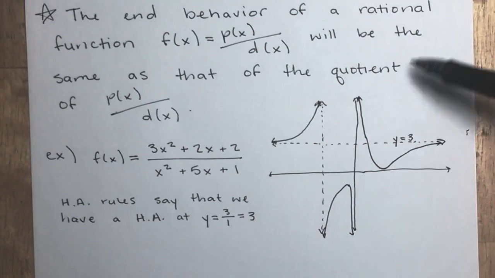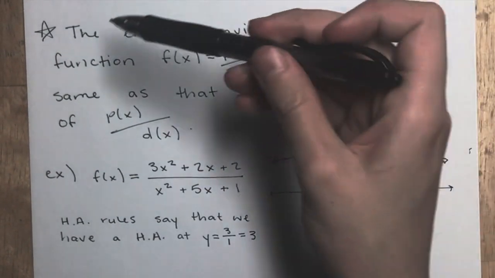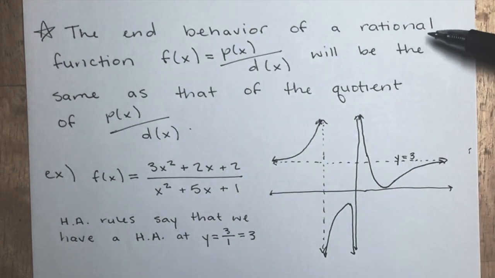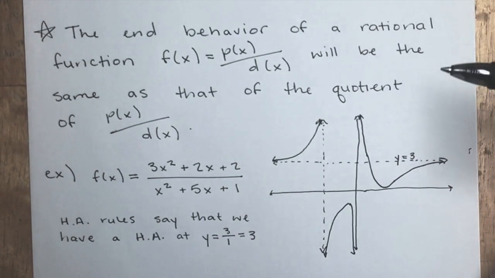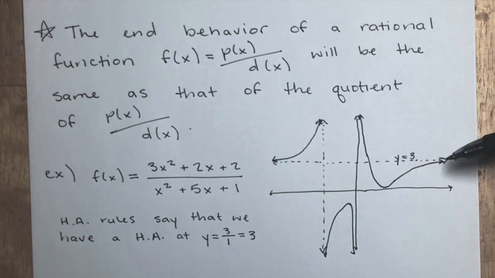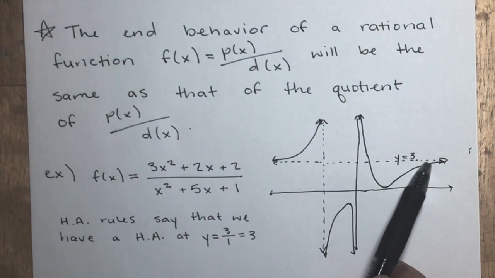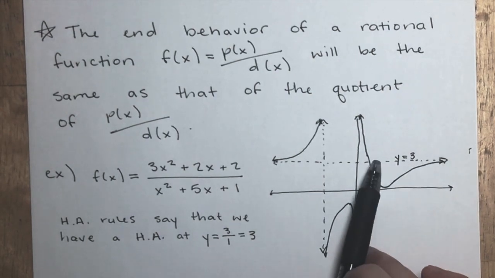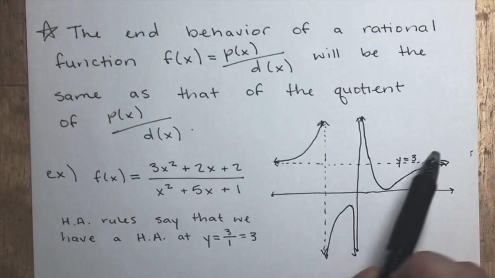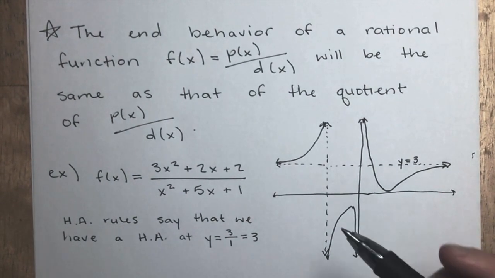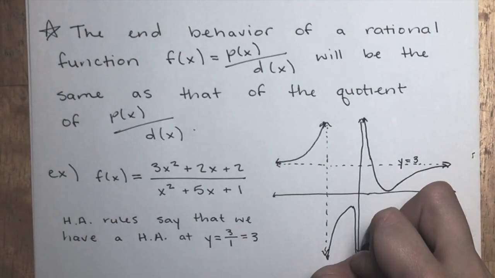So how does this relate to this fact that we just talked about? Our fact says that the end behavior of our rational function. So let's remind ourselves what end behavior means. End behavior is what's happening to the graph as we move off the edges of the graph, either to the right or to the left. We would write it like this.